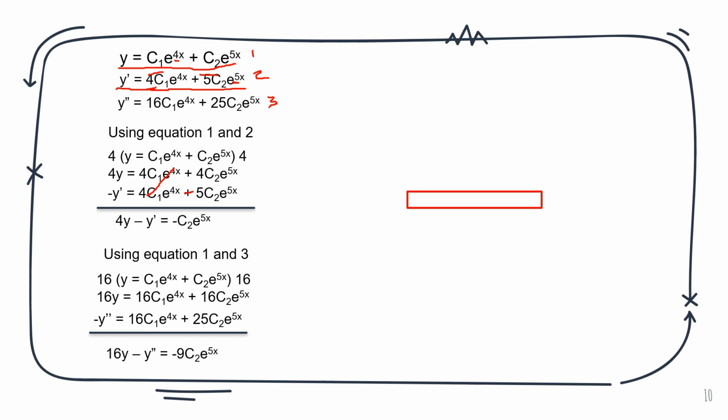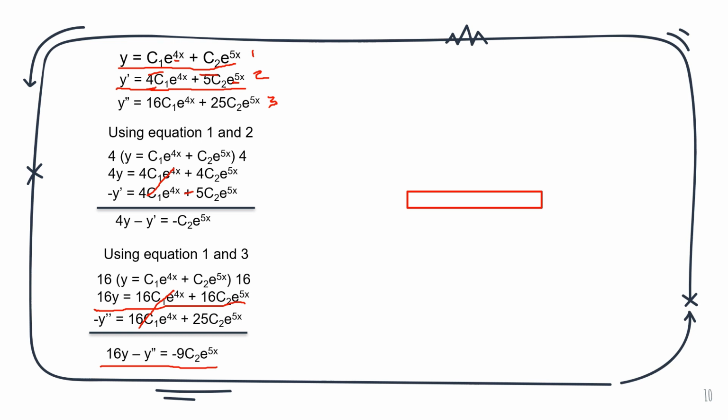So, i-minus naman natin itong equation 3. Ito, yung nakuha natin equation by multiplying the whole equation 1 by 16 sa equation 3. So, ang mangyayari dyan ay maka-cancel to, mawala na tong 16c1 times e raised to 4x. And ang matitira na lang ay 16y minus y double prime is equal to negative 9c2 times e raised to 5x.